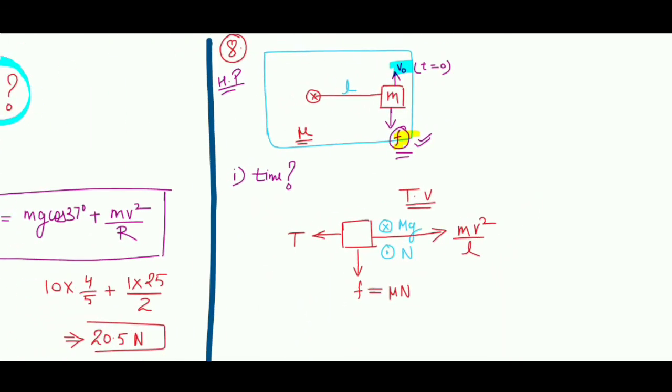Now try to understand, as soon as I have applied this pseudo force, mv square by l, is there a circular motion? No, there is no circular motion. As soon as I have applied the centrifugal force, tension has now been balanced by mv square by r, which was earlier giving me centripetal acceleration.